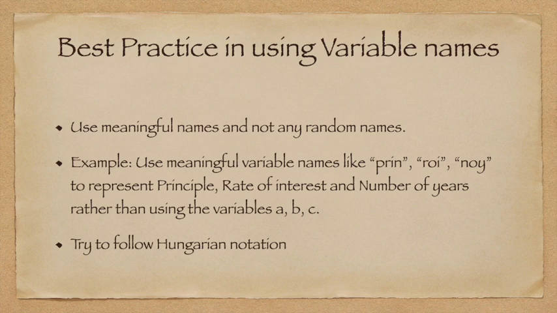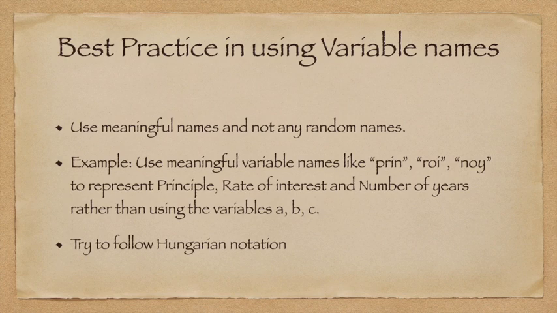For example, if we want to store the principal, the rate of interest and the number of years in a program which is calculating the simple interest, we can write iPrinc for the principal using Hungarian notation, iROI or fROI for the rate of interest, which can be a floating point number, and again iNOY for the number of years, which can again be an integer.